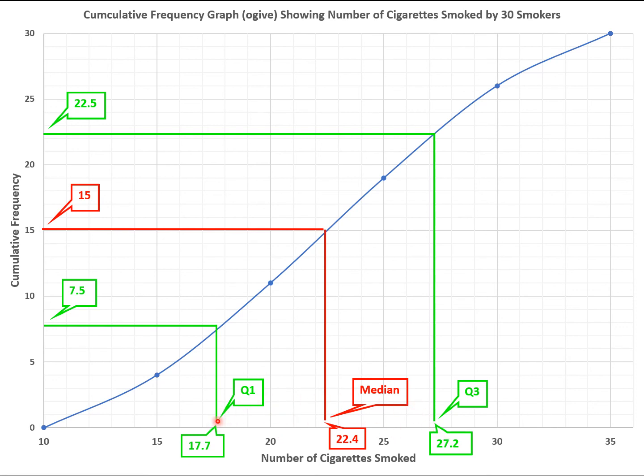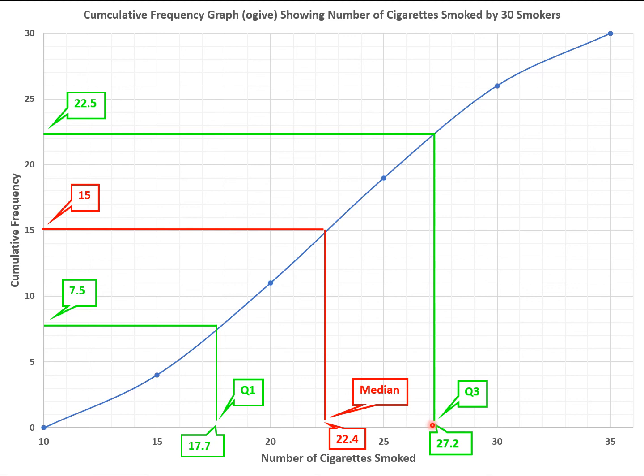What that gives you really is the width of the center 50%. It goes between 17.7 here and 27.2. So an observation fitting in there would be average.